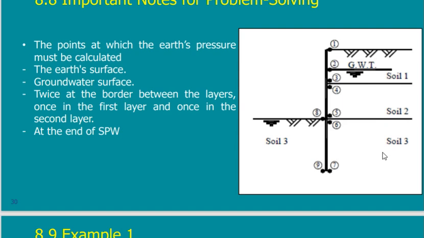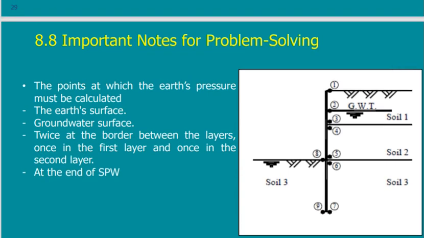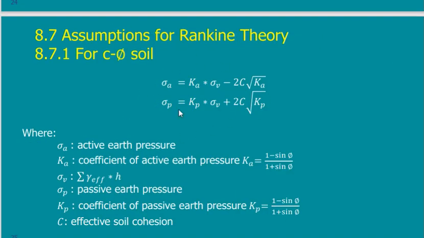It means that if I apply the equation, let's just remember what the equation was. In this equation, C is given directly, and phi is given indirectly in the case of sigma vertical.